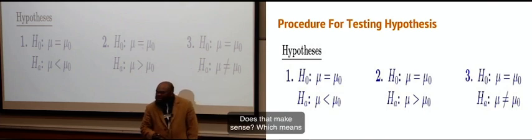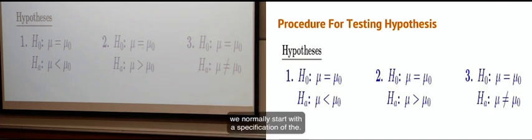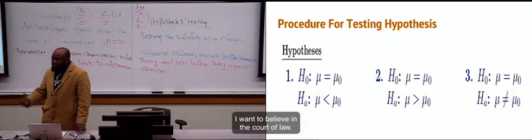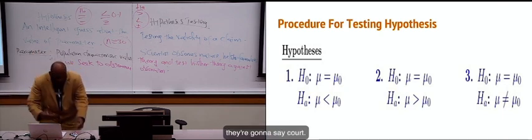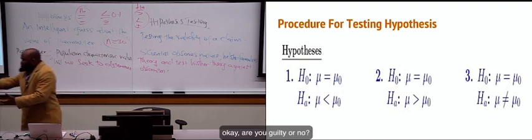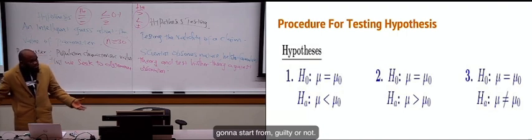Does that make sense? Which means in every hypothesis testing, we normally start with a specification of the null and the alternative. Of course, I want to believe in the court of law, if they want to start a case, they're going to say something and ask, okay, are you guilty or not? That's where they're going to start from, guilty or not.